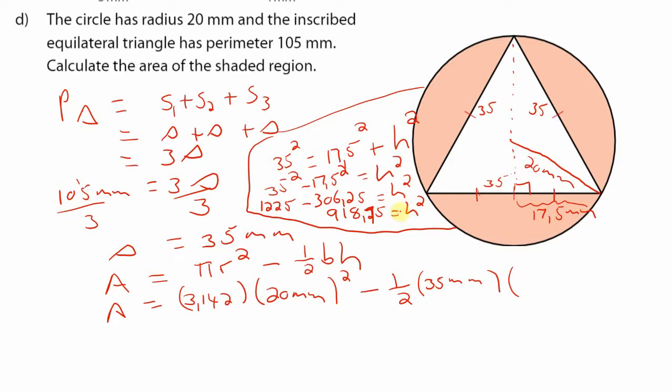But we don't want the height squared, we simply want the height. So we have to take the square root on both sides. Therefore height is equal to the square root of 918,75.